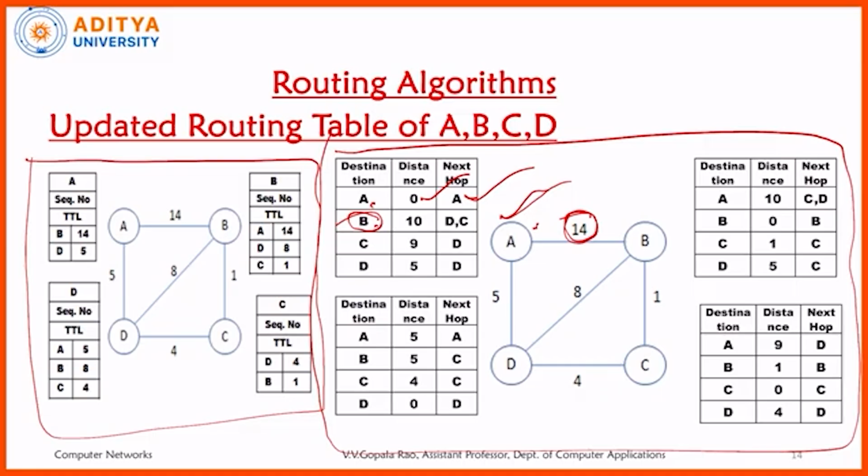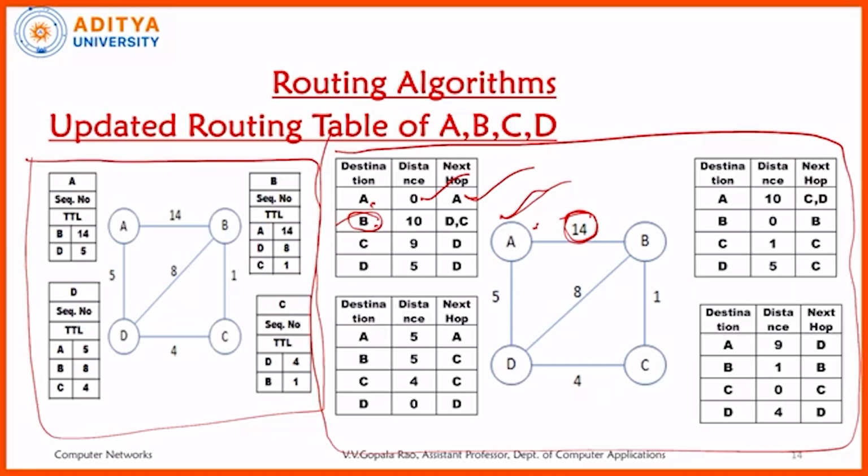By getting the information of the link state packets of B, C, D respectively, A can recalculate, because there is one more direction of reaching B from A. A can go to D, from D to C, from C to B, or otherwise from A to D, and from D to B.